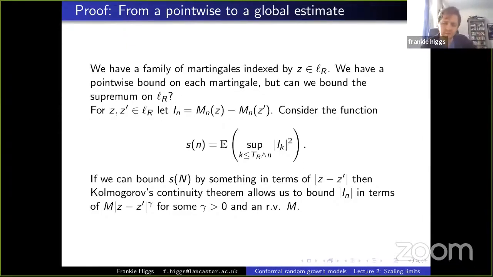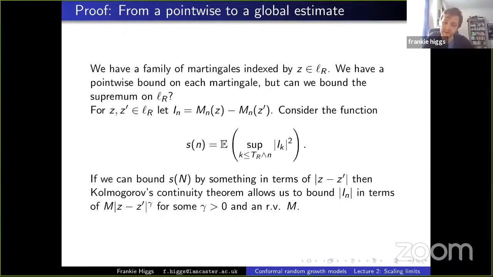How are we going to show this? Well, it's a stochastic process indexed by z. And so there is a very classical regularity result for stochastic processes, which is the Kolmogorov continuity theorem.